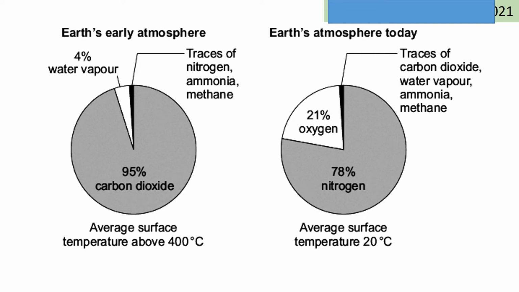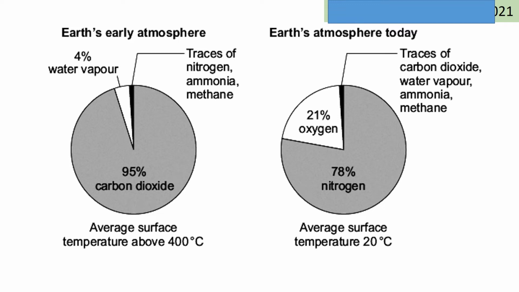If we talk about Earth's early atmosphere, we've talked about this on Monday. It was mostly carbon dioxide with water vapor, and then there was nitrogen, ammonia, methane. And then the temperature was 400 degrees Celsius plus, so it was really, really high. And then, as we talked about, with the development of oxygen and reduction of carbon dioxide, the Earth's surface has cooled to around 20 degrees Celsius, give or take.